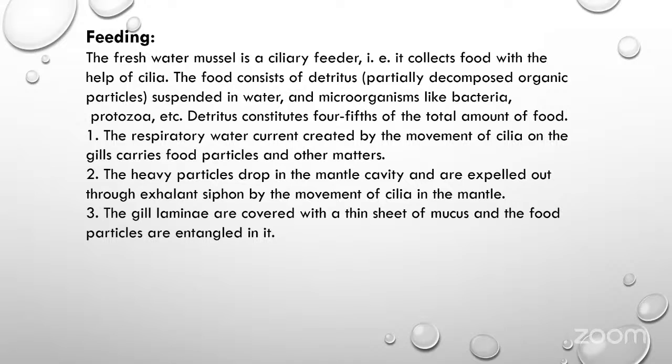The respiratory water current created by the movement of cilia on the gills carries food particles and other matter. The heavy particles drop in the mantle cavity and are expelled through the exhalant siphon by the movement of cilia in the mantle. The gill laminae are covered with a thin sheet of mucus and the food particles are entangled in it.